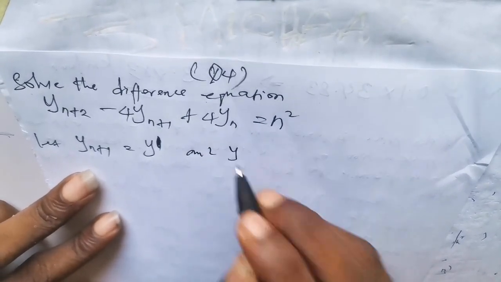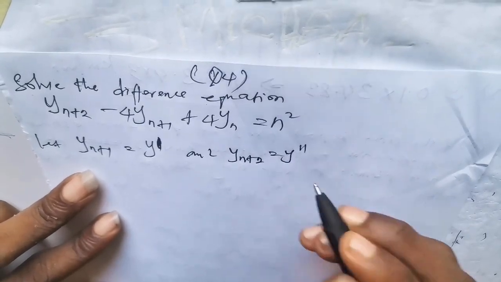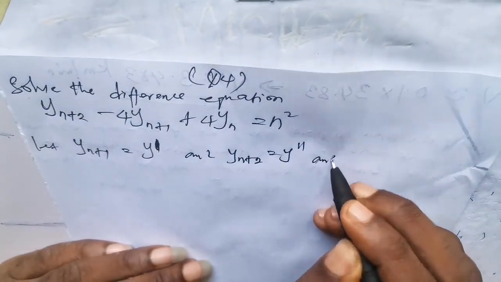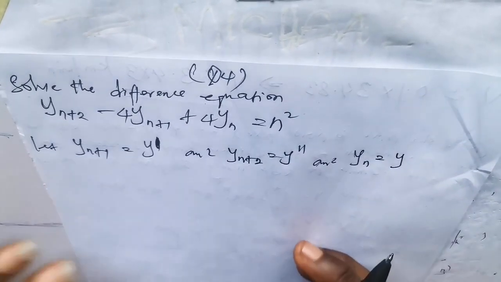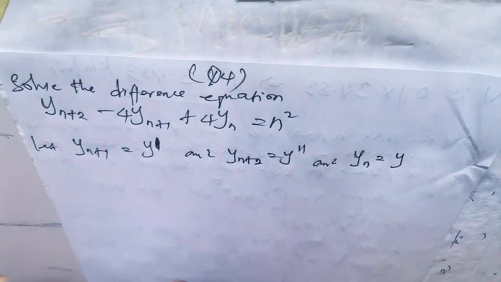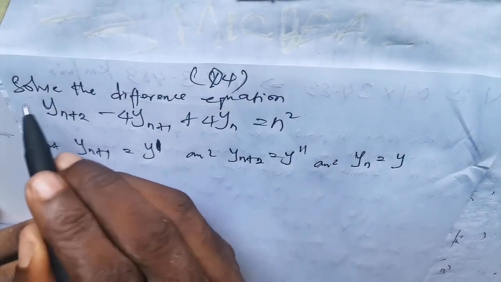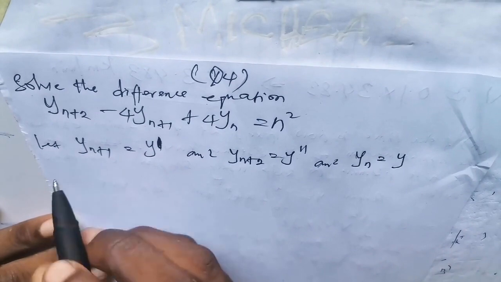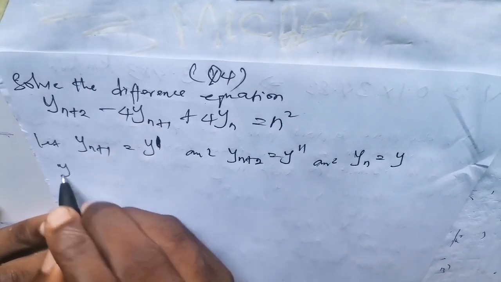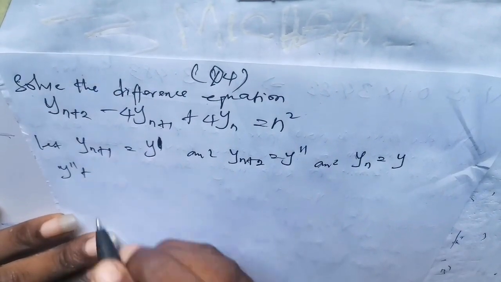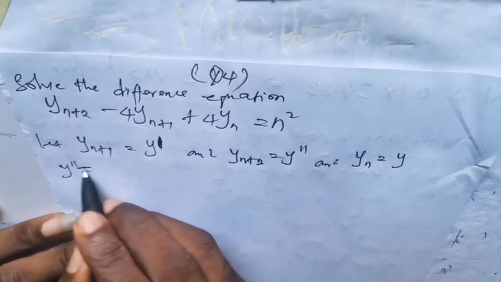And let y_{n+2} be y prime prime. And then y_n be simply equal to y, just to reduce the whole unknown variables there. Okay, so if we do this, in place of y_{n+2}, we call that y prime prime, minus, it becomes minus now.